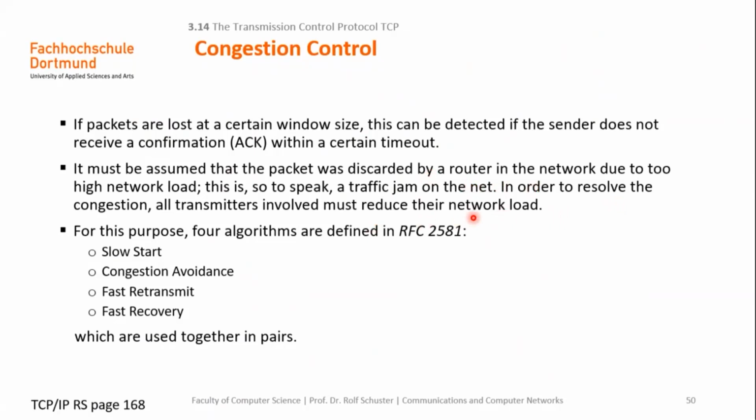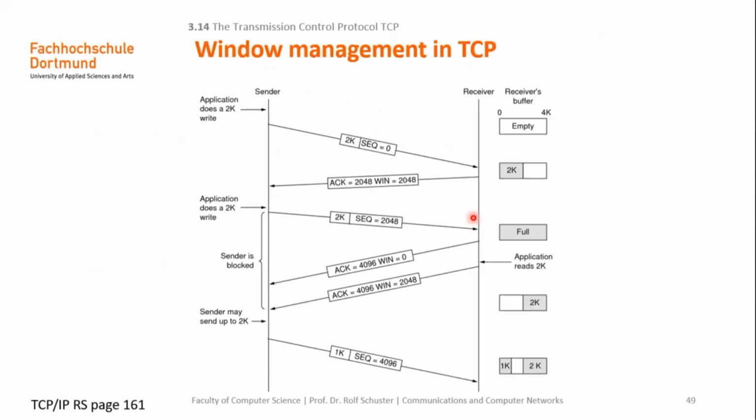But what we will see is that congestion control is not based on explicit detection as in the case of flow control, where flow control uses an explicit mechanism to detect the overload.